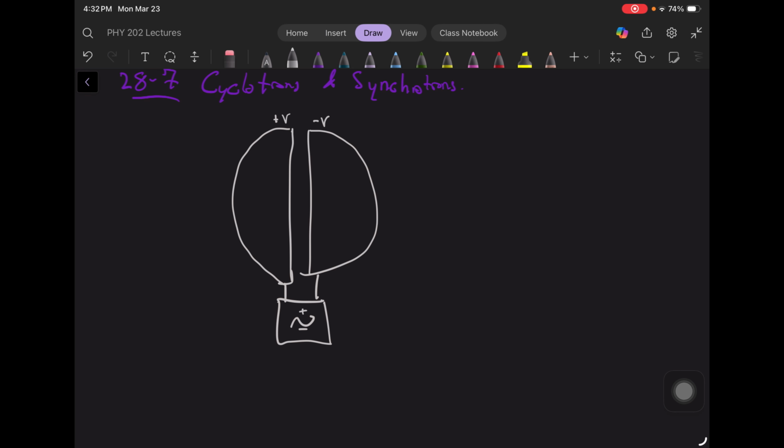And so we're going to take our charged particle. I'm actually going to make this one the negative to start. V negative, and then I guess V positive. Look at that, I just completely changed the notation. All right, and so we're going to start with a positively charged particle.